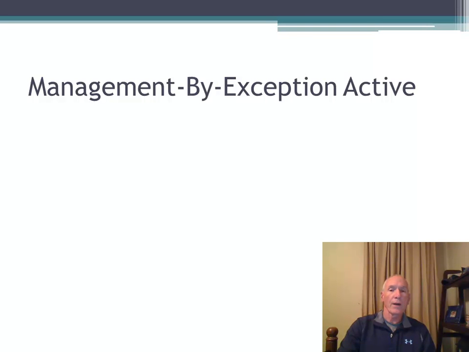There is management by exception active, and again, that's where the focus is primarily on things that aren't working well. But in that case, the leader actively seeks out when things aren't working well. Typically, leaders in those conditions emphasize standards. They're the leaders who are constantly in the inspection mode.